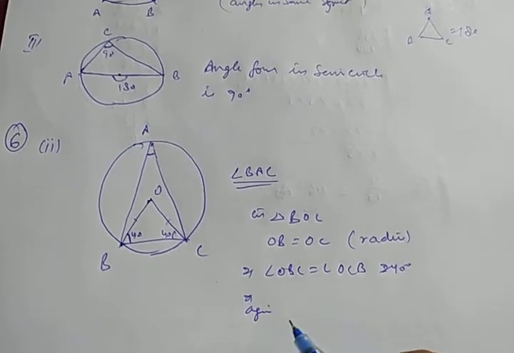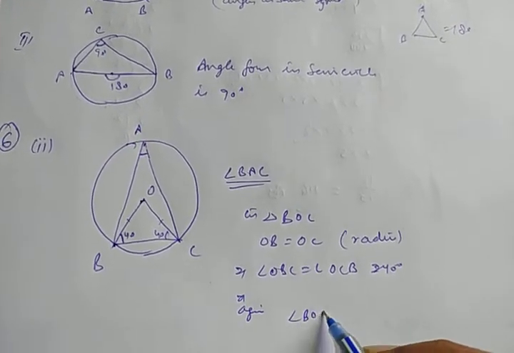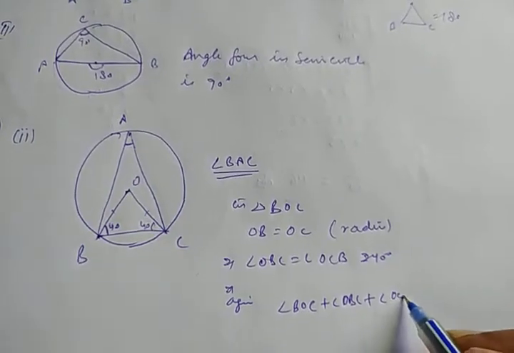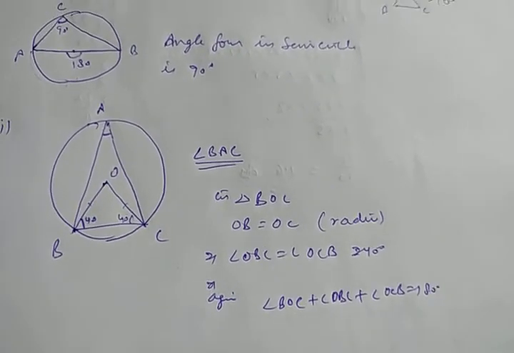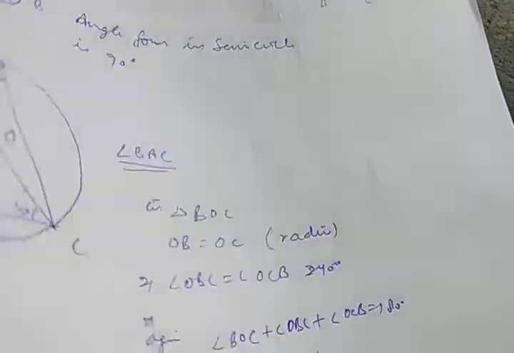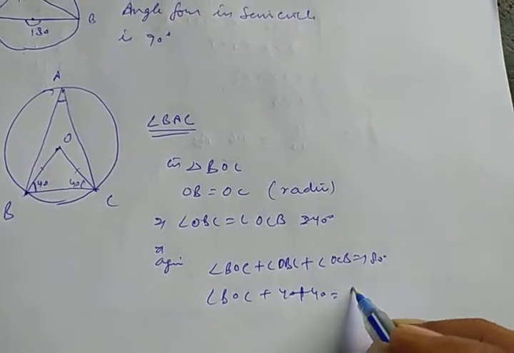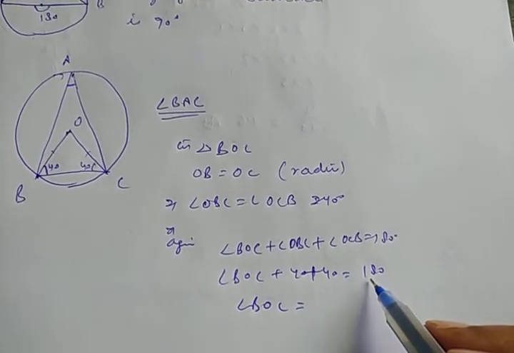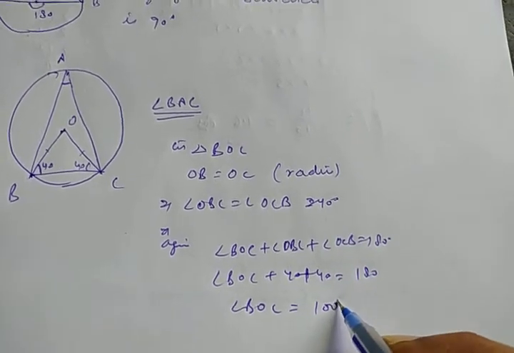Again, angle BOC plus angle OBC plus angle OCB is equal to 180. You know it very well. Angle BOC plus 40 plus 40 is equal to 180. Angle BOC will be equal to 180 minus 80, that is 100 degree.